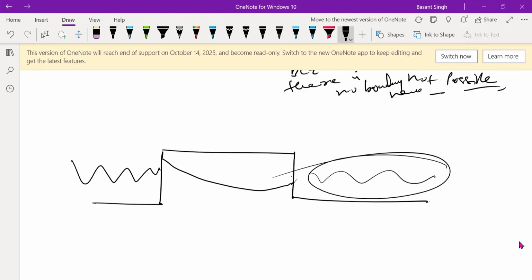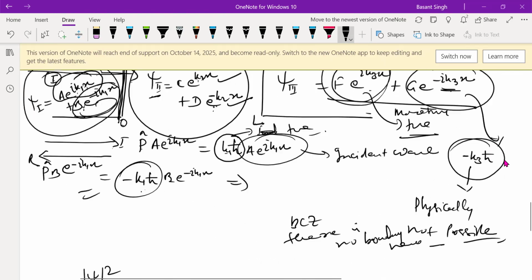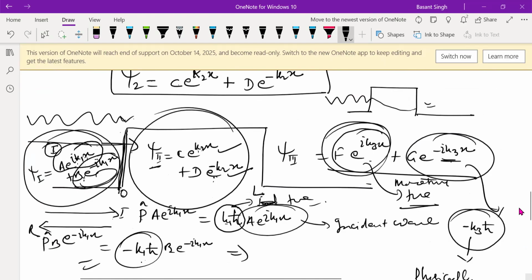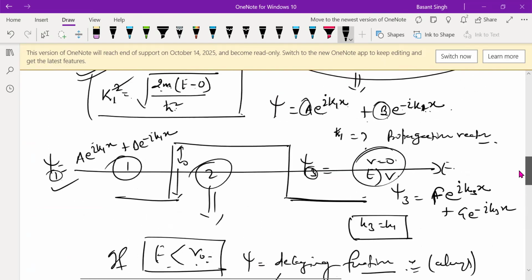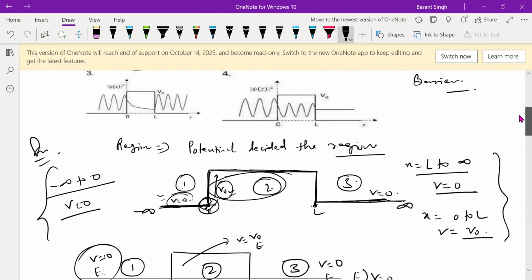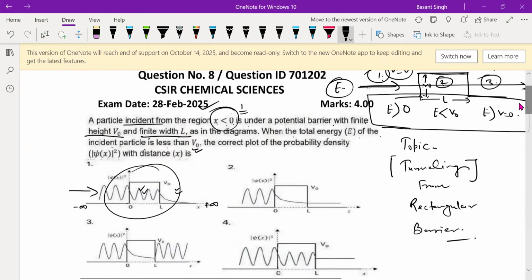But the question is asking for mod psi square, not for psi. The question is for the probability density, not for the wave function. Okay, you see here, the question is the correct plot of the probability density, mod psi square.